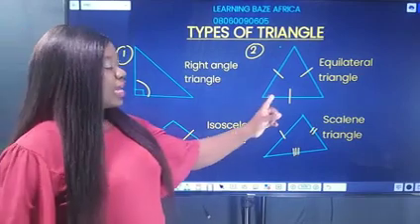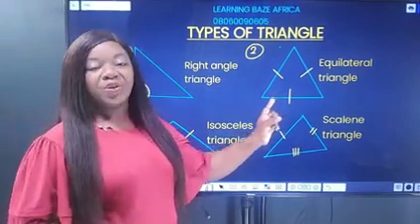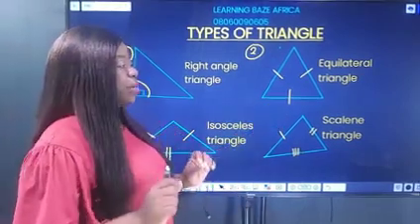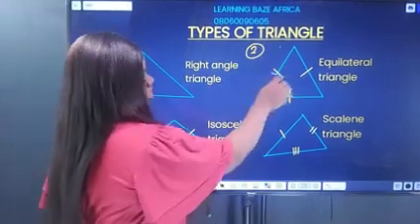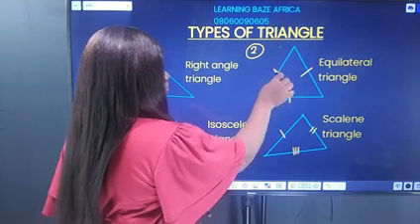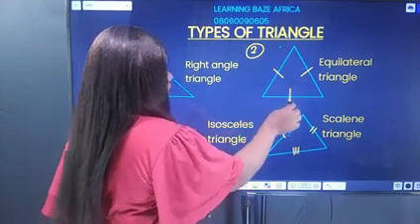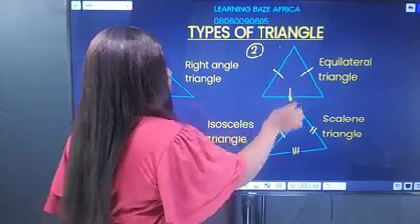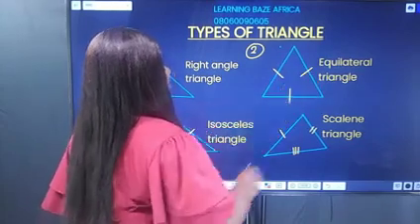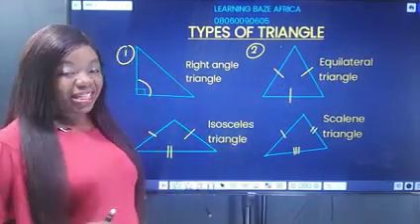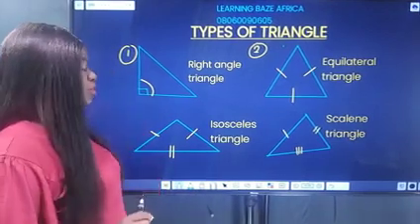All the 3 sides of an equilateral triangle are equal. That is why we have the name called equilateral, because the 3 sides are equal. So this is the sign. We have one line, one line, one line. So when you see a triangle with these 3 lines having just single in each, it means all the 3 sides are equal. Equilateral triangle.